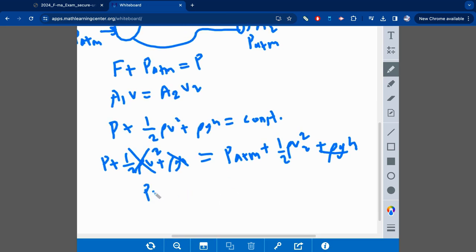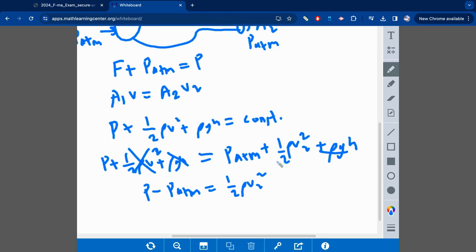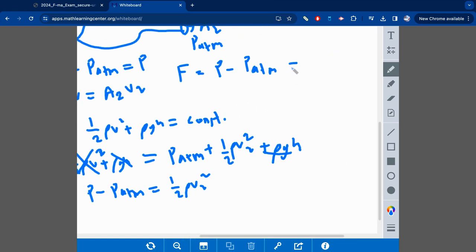So we get that P minus atmospheric pressure equals 1/2 rho v2 squared. And since we're solving for the approximate value of F in terms of these quantities, we can now notice that F is simply P minus atmospheric pressure. So now we can get a relation of F in terms of density.